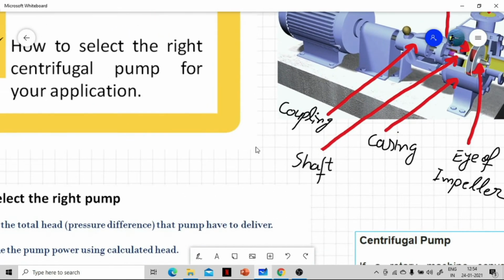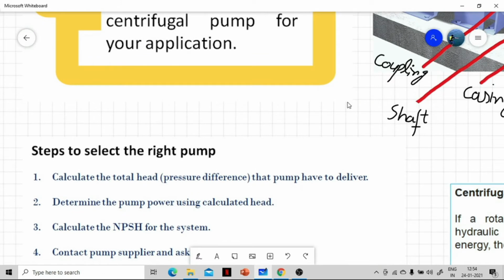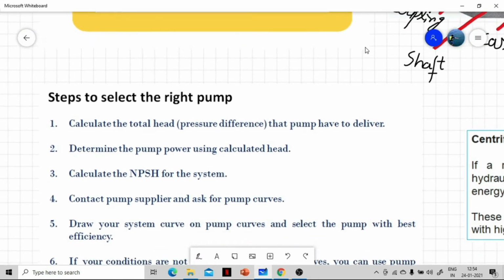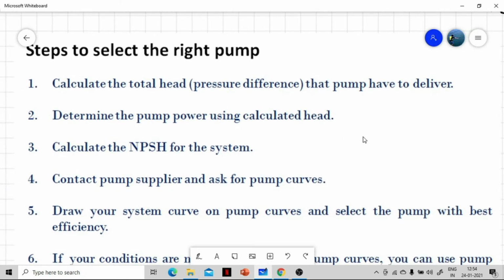Now let's move to the selection criteria or the sizing of a centrifugal pump. For that, the first step is you must understand, or you must calculate, the total head or the pressure difference that the pump has to deliver.